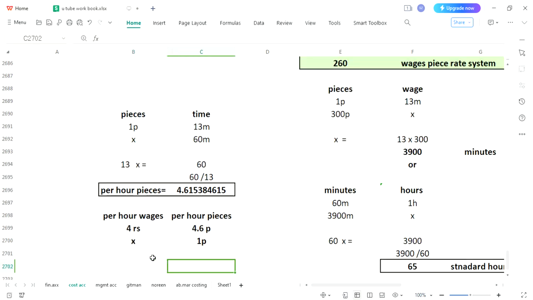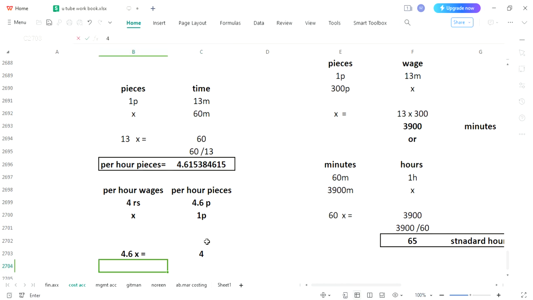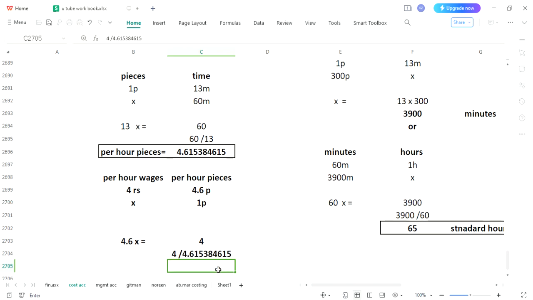Okay, again cross multiplication. X would be multiplied with 4.6, so we will get 4.6x. On the opposite side, 4 would be multiplied with 1, that would be 4. 4 is already present over here, and 4.6 is being multiplied. If you want to take it to the opposite side, it would be divided, and the amount is 4.61538461, so that we can get the exact answer.